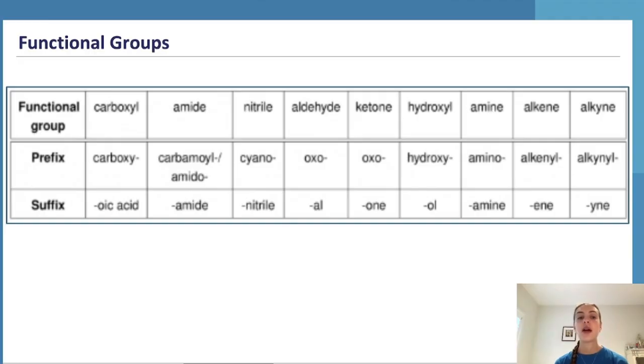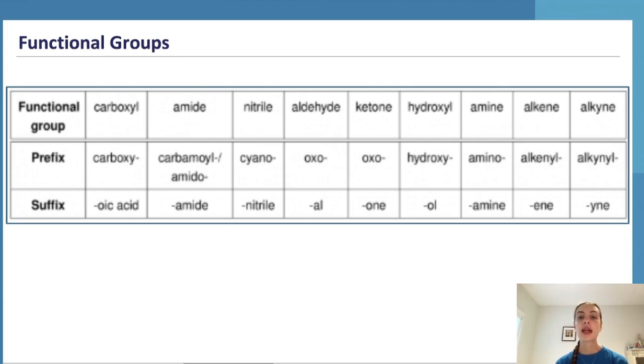But typically you would want to prefer using the suffix of -ol just because that's your normal naming convention for an alcohol. So unless there's a higher priority functional group, you wouldn't want to use the prefix of hydroxy.